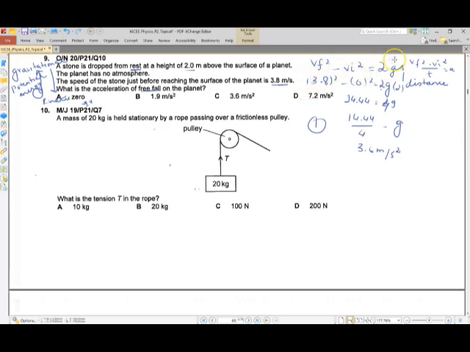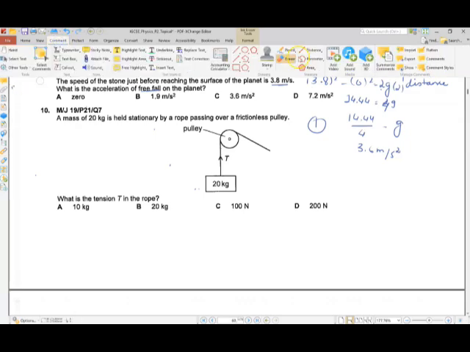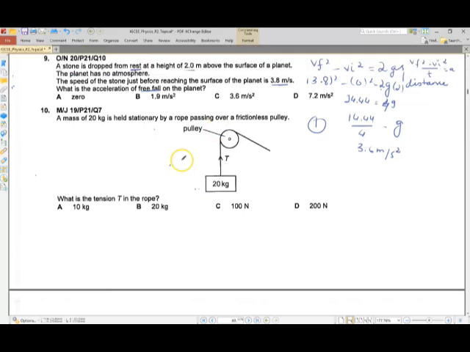But this second method that I've mentioned is in accordance with your syllabus. As it is in accordance with your syllabus, it is always a good option to use this kinetic energy and gravitational potential energy concept over here.